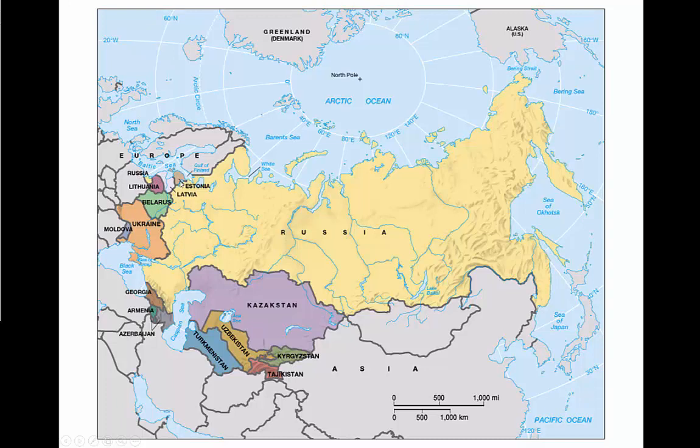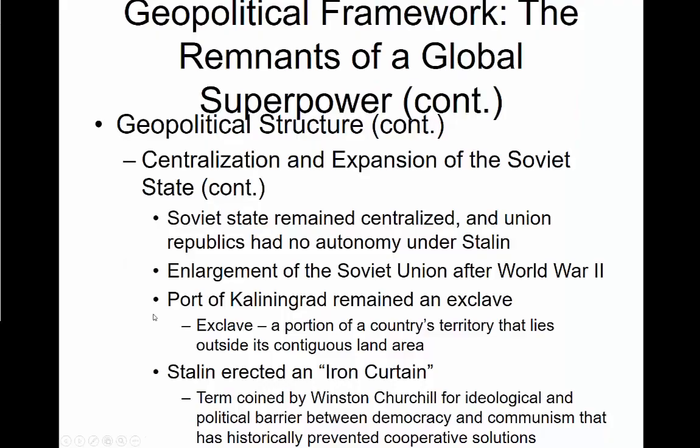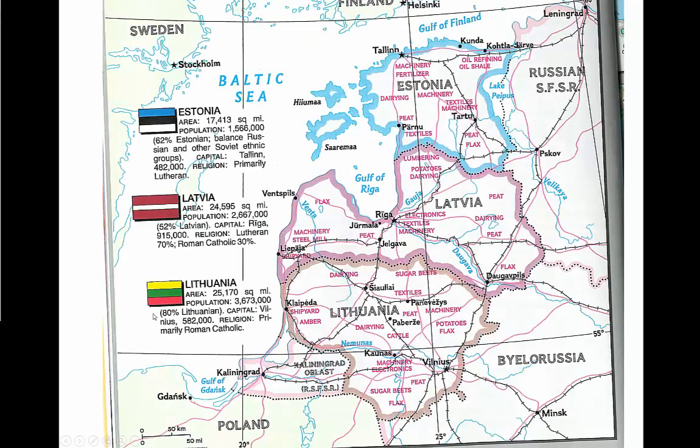Okay, so when Estonia, Latvia, Lithuania separated from Russia, at least it had access to the Baltic Sea here. So this is another example of an exclave, like we saw here with Azerbaijan and to a smaller extent Armenia. So you can see this exclave right here with these three kind of breakaway republics. Those were in 1989.